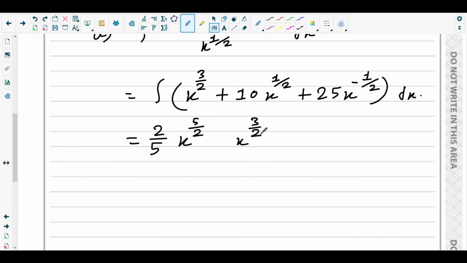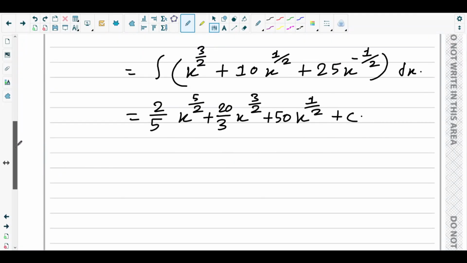So 10 over 3 over 2 is 10 times 2 over 3, which is plus 20 over 3. And then x to the power negative half: negative half plus 1 is just half, so x to the power half. Then use this new power to divide 25, which will give you plus 50, and then plus c.